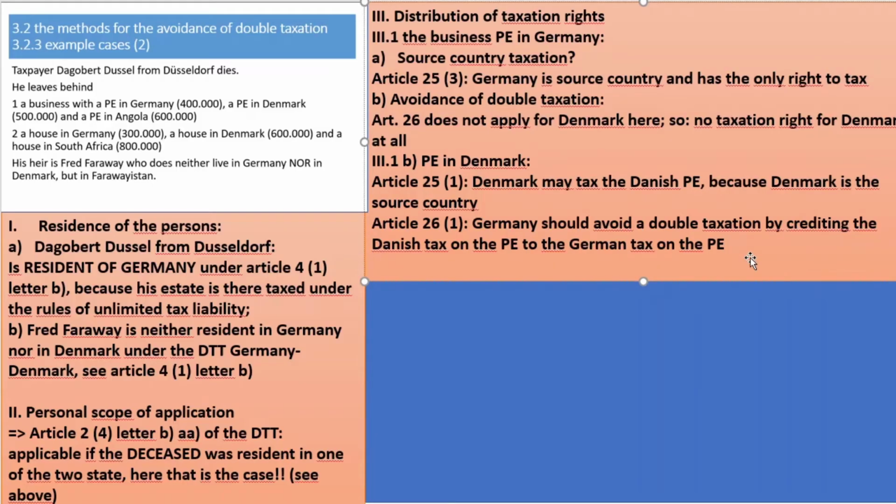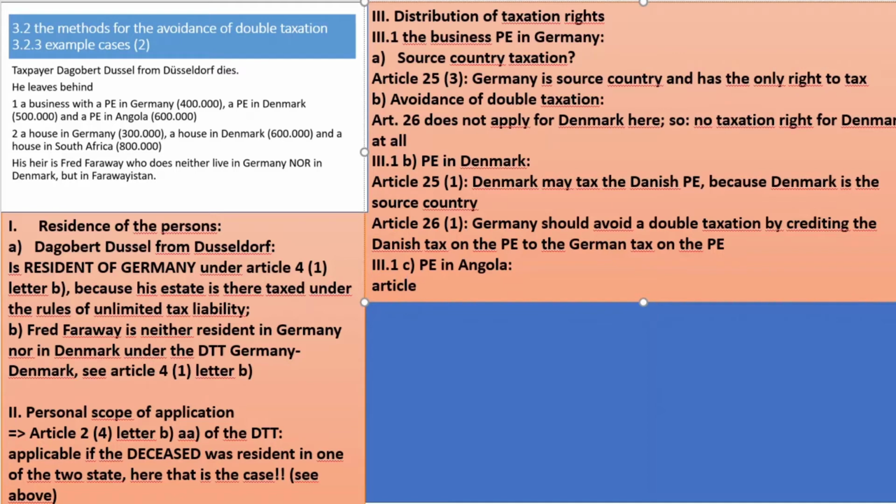And now, just for the sake of completeness, the PE in Angola. Now, Article 25.1 says, real estate property in Denmark can be taxed by Denmark if the deceased lived in Germany. 25.2, a business in Denmark can be taxed by Denmark if it's located in Denmark. Now, Angola is not in Denmark, so 25.3, this property can only be taxed by Germany.